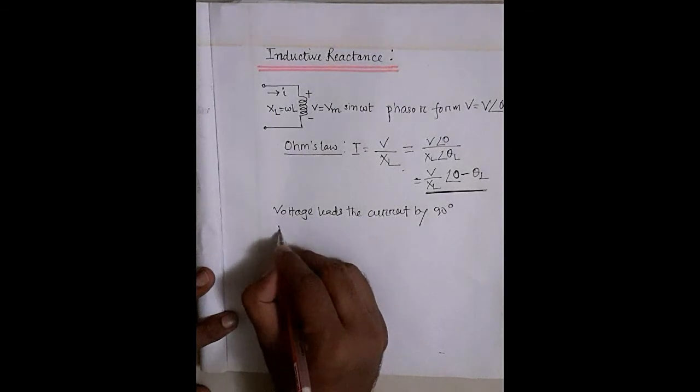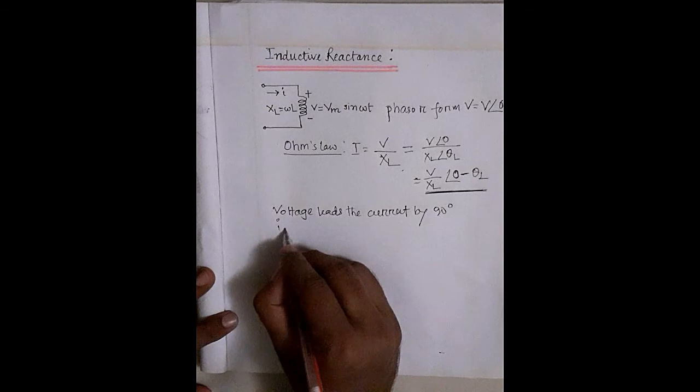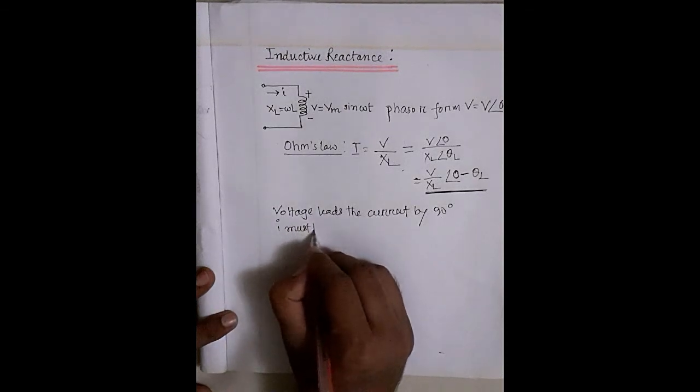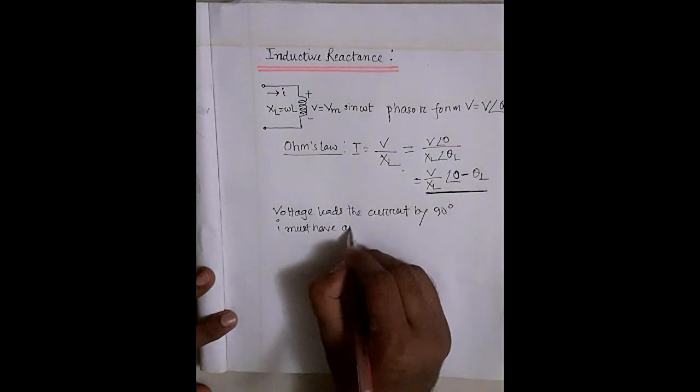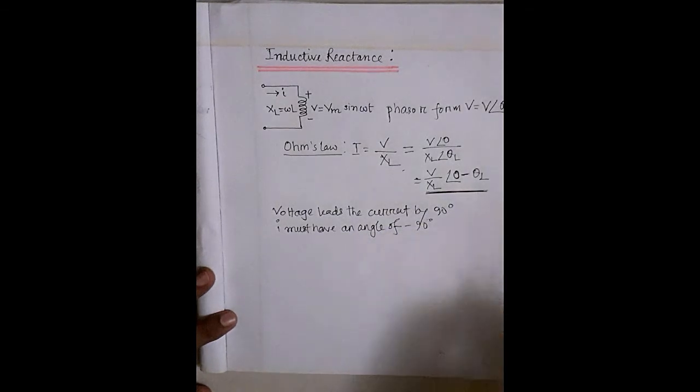So in that case, we can write I must have an angle of minus 90 degrees associated with it, isn't it so?